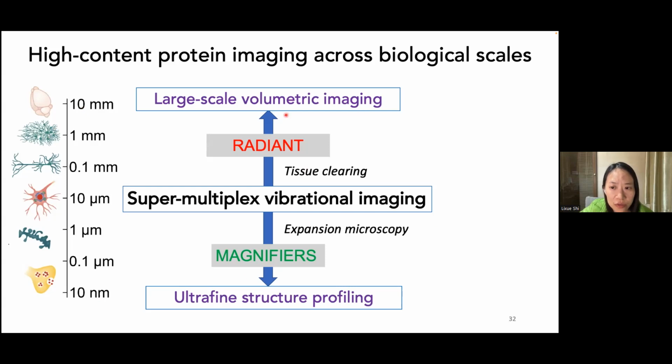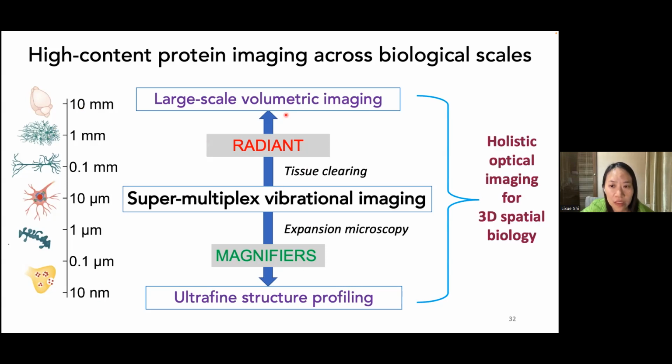Therefore, these 2 directions can actually converge as our holistic optical imaging platform for integrating biological structures from nanoscale to millimeter scale. Overall, the rising vibrational imaging methodologies are promising to open exciting applications to probe spatial patterns of ultrastructures with high content over a long distance, such as for neuronal tracing.